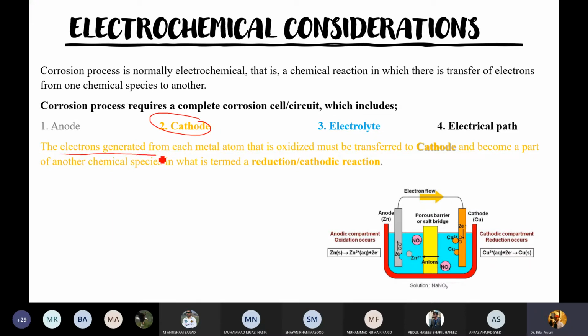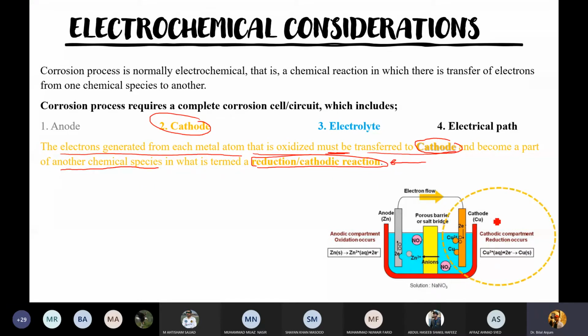The electrons generated from each metal atom that is oxidized must be transferred to the cathode and become a part of another chemical species in what is termed a reduction or cathodic reaction. So the utilization of electrons generated by the anodic reaction, resulting in the development of another chemical species, is basically a reduction reaction. This is the place where the reduction reaction is taking place.